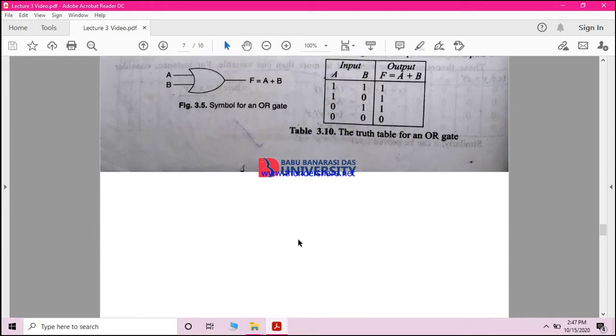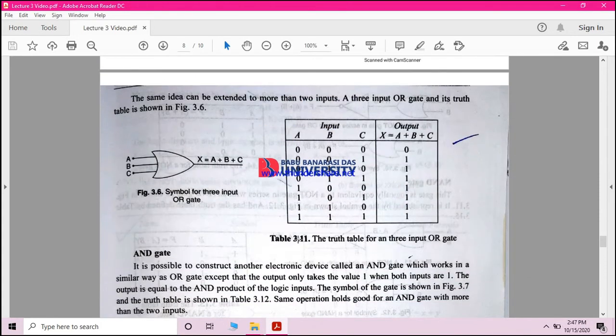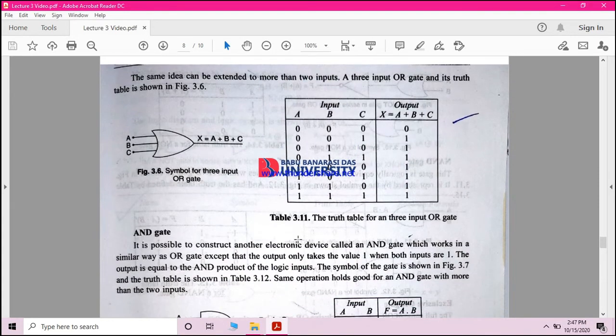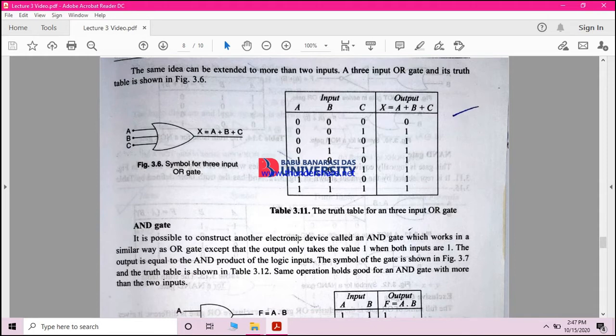Okay. Next, the same idea can be implemented for elements exceeding 2. A 3-input OR gate and its truth table are in the following figure.